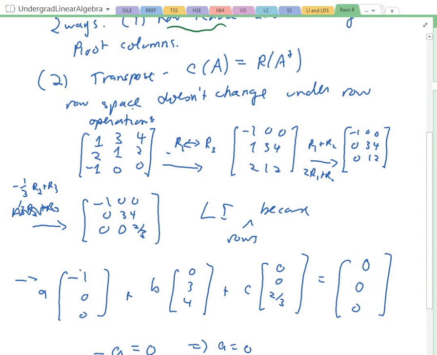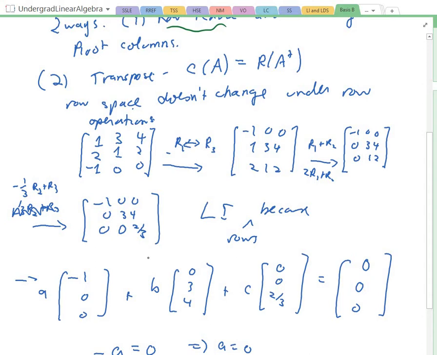The first component is minus a. And that gives me a is equal to 0. Second component gives me 3b equals 0. So b equals 0. Now, if a equals 0 and b equals 0, then the last component gives me 0 times 0 plus 0 times 4 plus c times 2/3 equals 0. That gives me c equals 0.